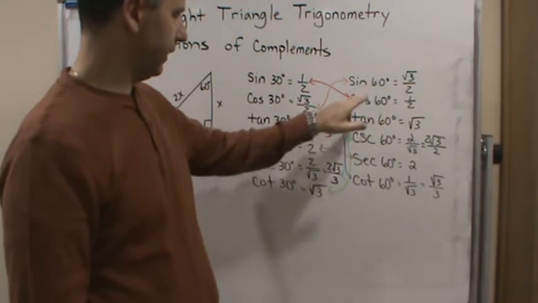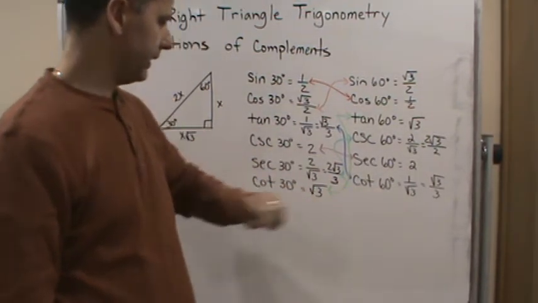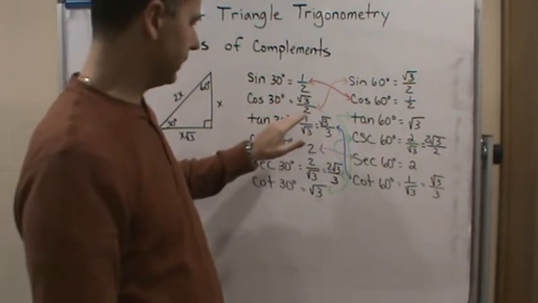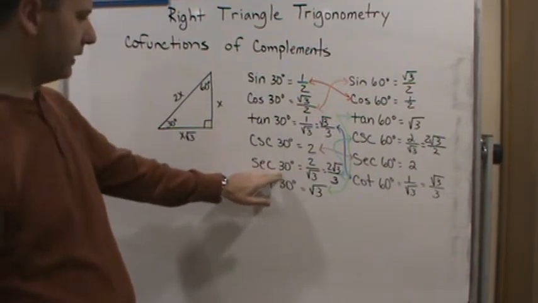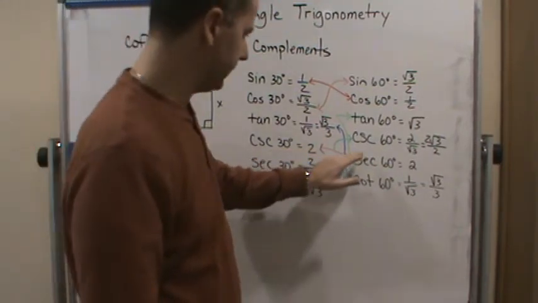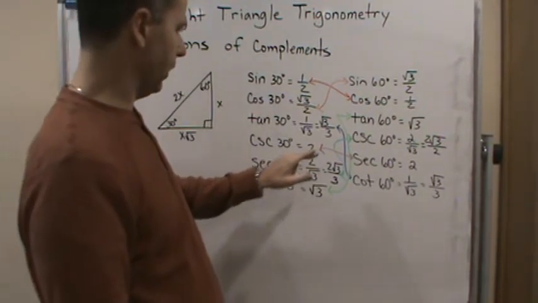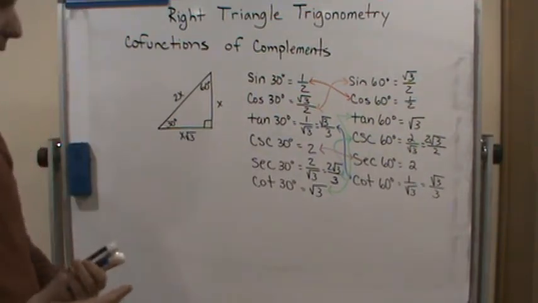Sine 60. Tangent 30 is equal to cotangent 60. Cosecant 30 is equal to secant 60. Secant 30 is equal to cosecant 60. And cotangent 30 is equal to tangent 60. So these are what we call the cofunctions.